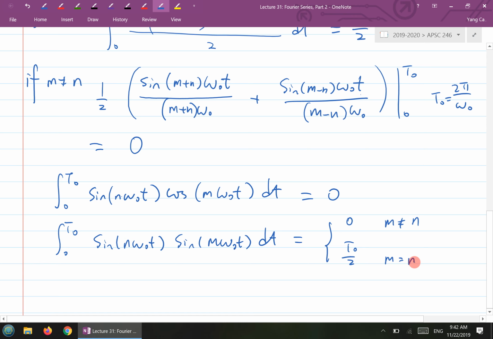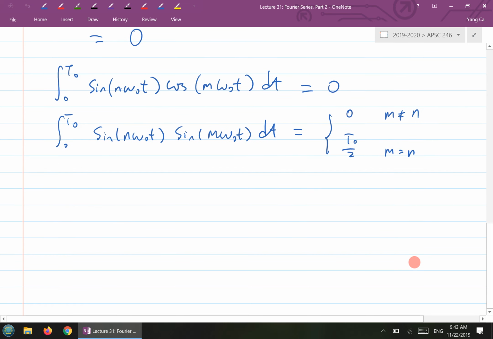So what I showed you here is the property of orthogonal functions for this set of trigonometric functions. These trigonometric functions, sine, cosine, including the constant 1, are all orthogonal to each other, except they are not orthogonal to themselves. That's basically what it means. All right, so that's one fact.